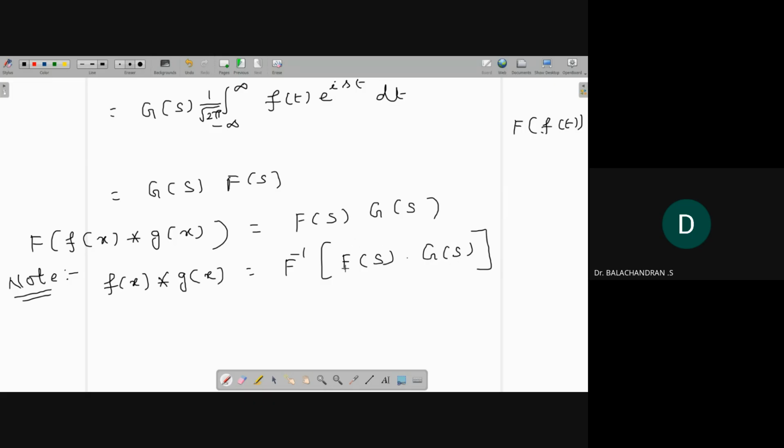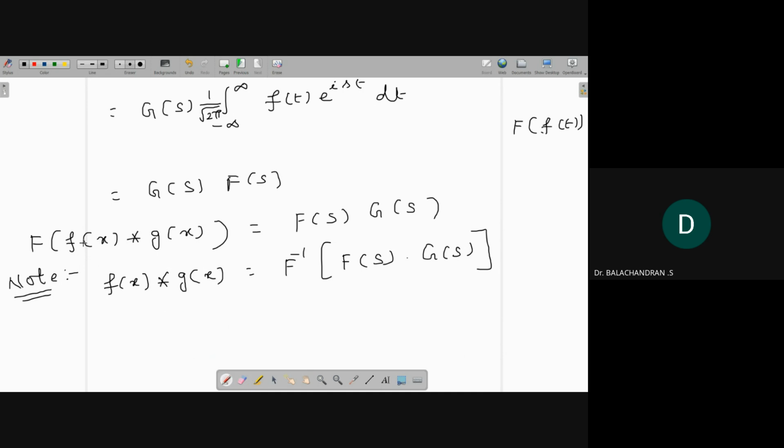But what is F of s? F of s is actually the Fourier transform of f of x. Actually, it is better to write like this instead of writing like this. Okay, this is correct.